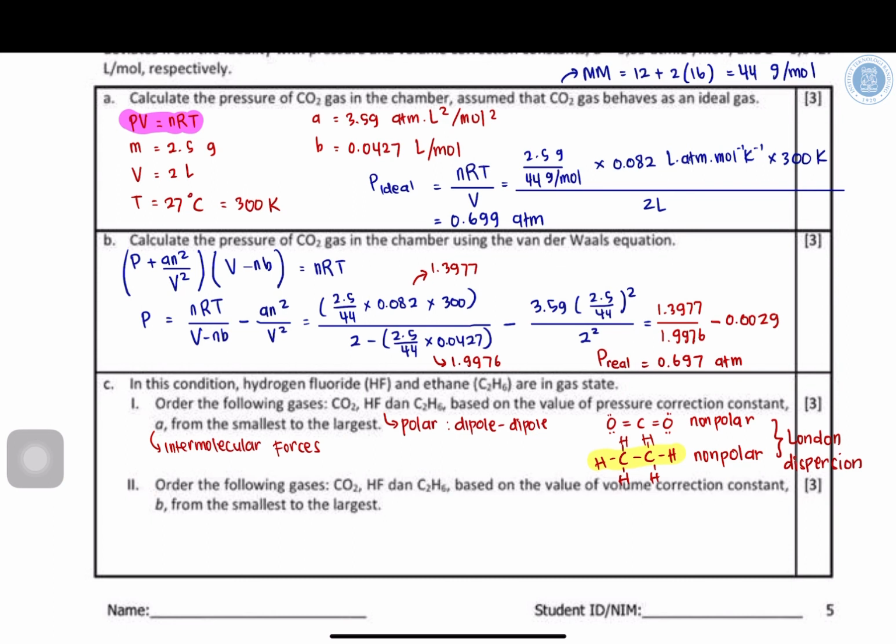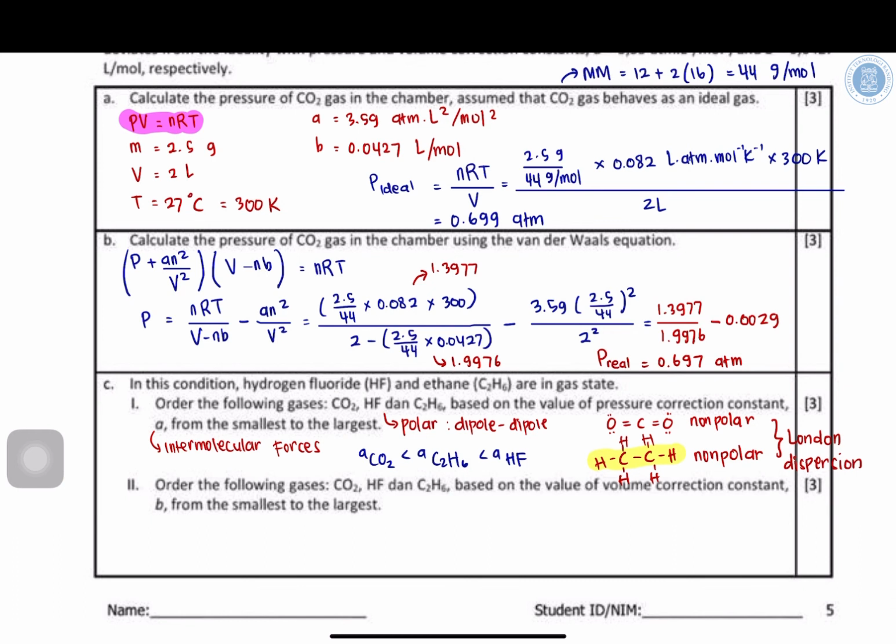So the value of a from the smallest to the largest is: the non-polar will have a smaller a, and between CO2 and C2H6, the a of CO2 should be less compared to the a of C2H6, and then these two molecules are non-polar, and this should have a smaller a compared to the polar molecule, which is HF.